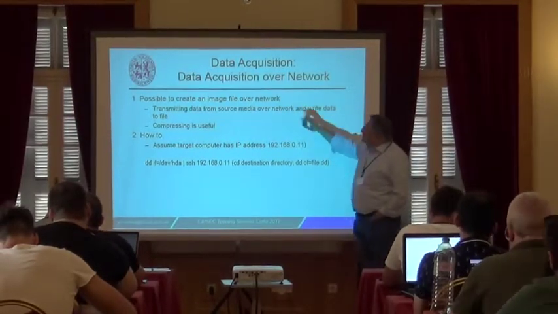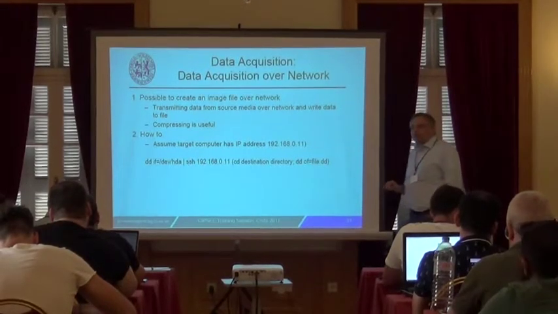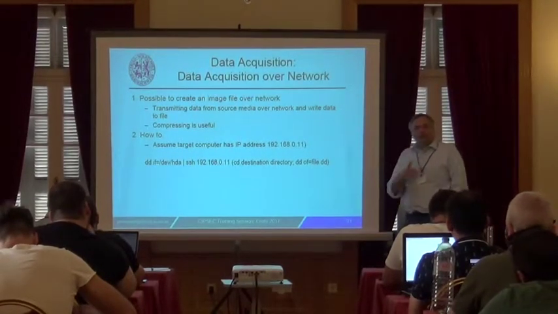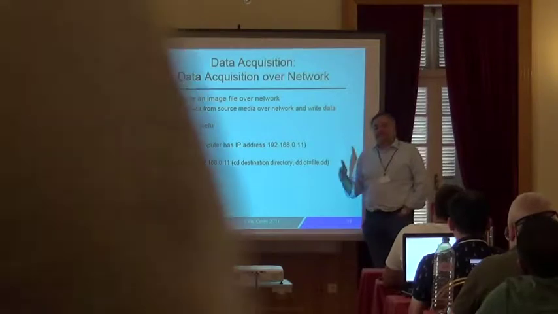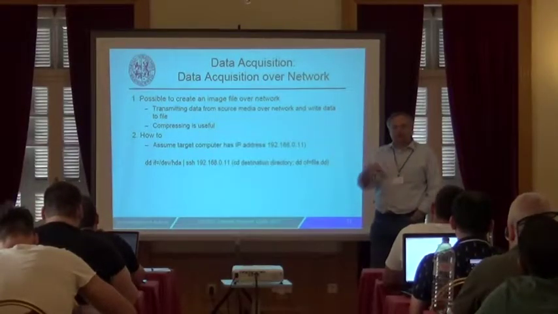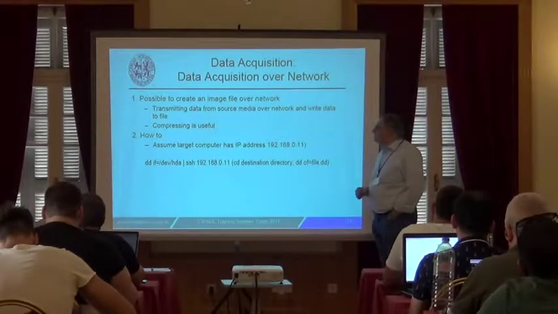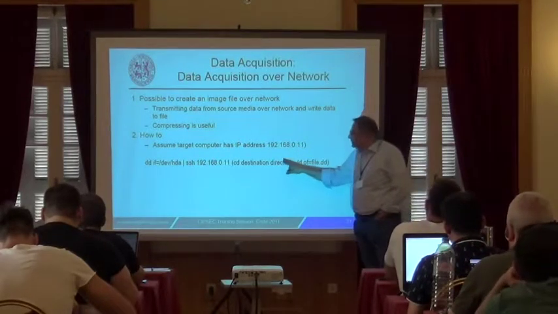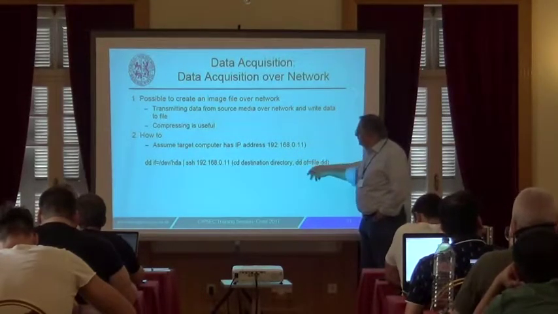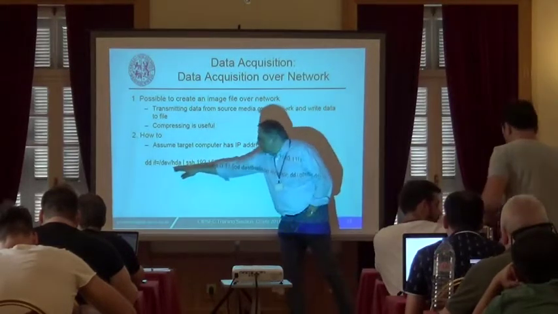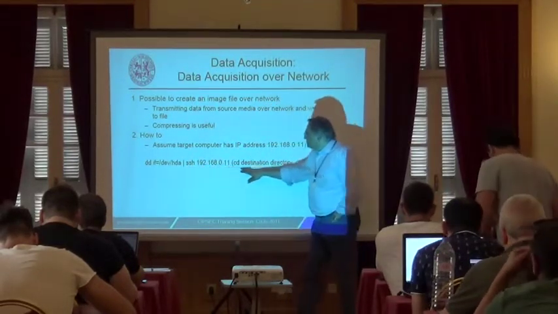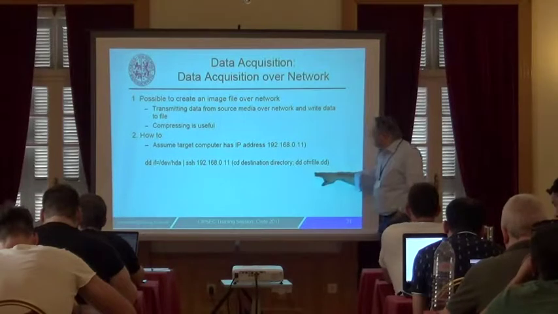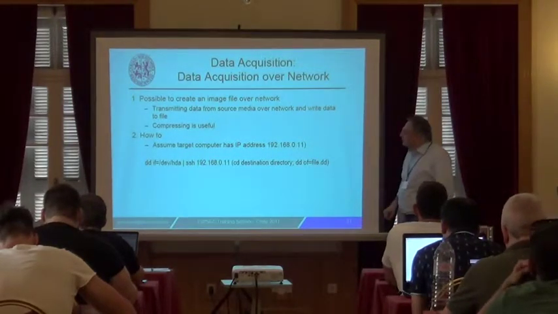It's possible to create an image over the network, and this is quite important, especially if you're dealing with virtual machines, because you might not have enough space in your virtual machine to do all that fancy stuff. So you need to be able to copy over the network. This is quite useful because you can pipe the output of DD into SSH, and then have DD construct the file on the other end.